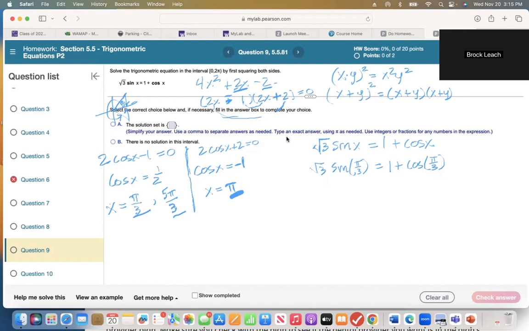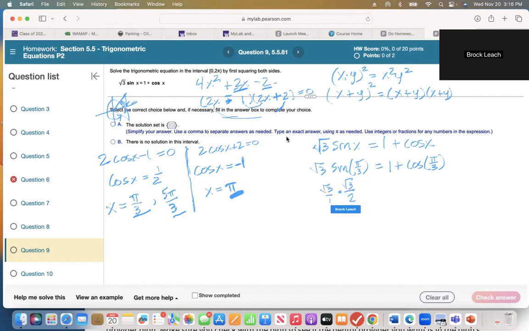Well, what is the sine of 60 degrees? Isn't that root 3 over 3? Yes. Root 3 over 2, sorry. And this is times square root of 3 over 1.